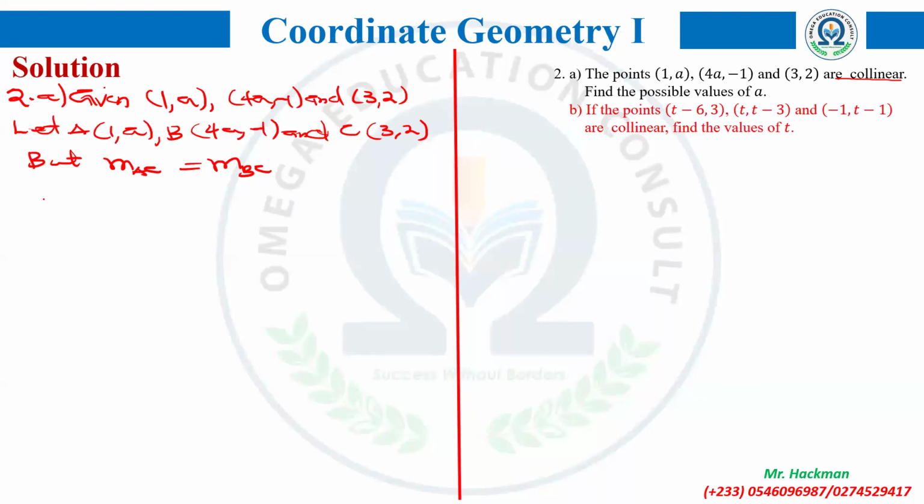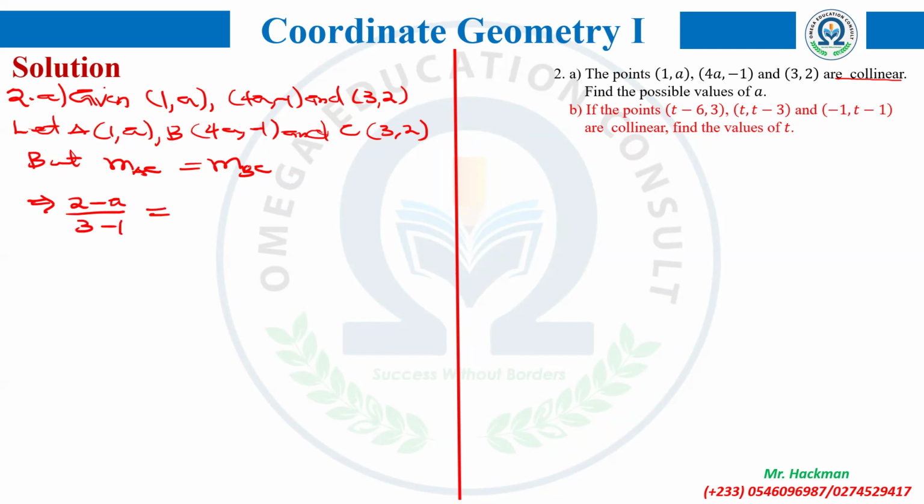Yes. Okay, so now this implies that MAC, so I'm using AC. So indirectly, C will be my terminal, initial will be this. So X1, Y1, X2, Y2. So gradient is change in Y. So I'm going to get 2, that's the Y2 minus Y1, which is minus a, over X2, 3 minus 1. So 3 minus 1.